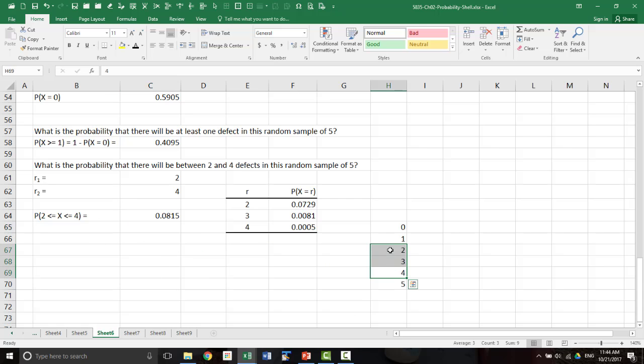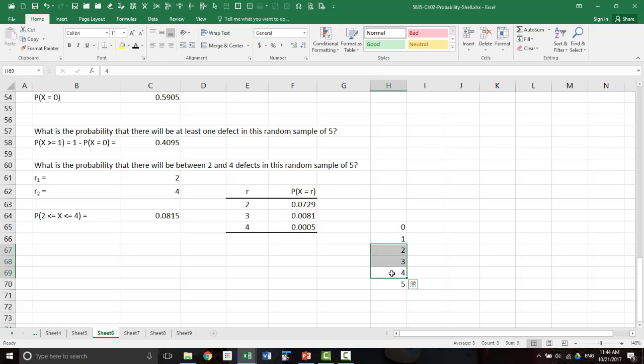Or we can compute the same probability in a slightly different way. We want these, right? We can set up the binomial probability as a cumulative probability. In this case, there are only 5, so computing 3 probabilities is no big deal. But if you have several probabilities to compute, you don't want to set up a big table of all the different R values. So instead, we can use cumulative probability.